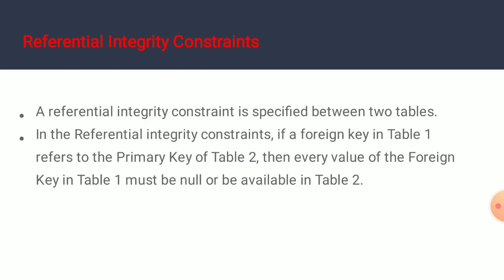Another one is the referential integrity constraint, which is specified between two relations. As we discussed, a foreign key is used to connect two relations. The constraint says that if a foreign key in table 1 refers to the primary key in table 2, then every value of the foreign key in table 1 must be null or be available in table 2.